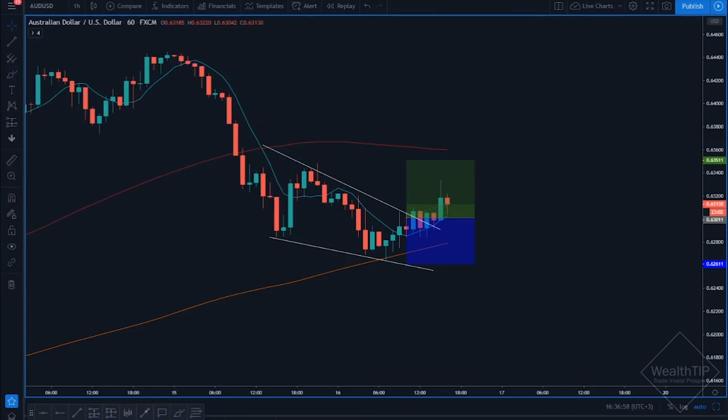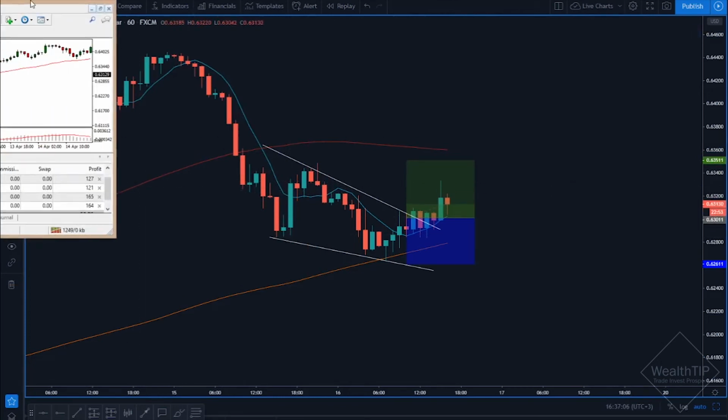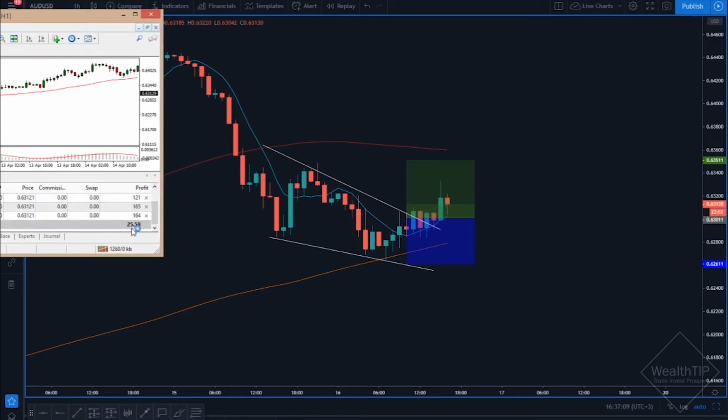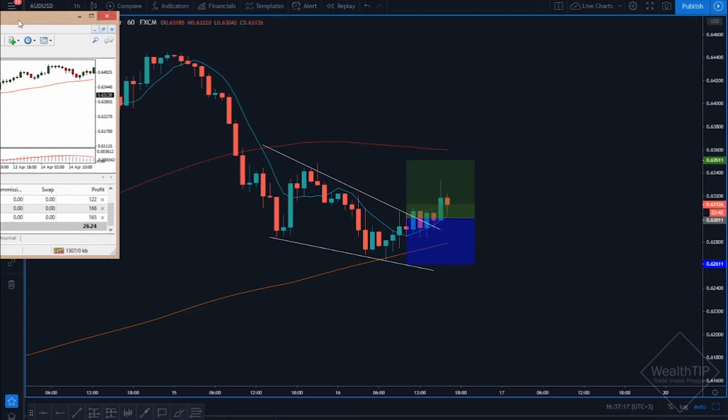So we are running with very small profits, but we're making progress nonetheless. To give you a quick view of the current P&L, we are officially about $27 in the green, which is brilliant.